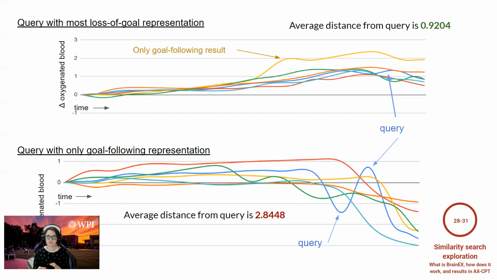That's why there was more significance for the loss of goal being similar to mind wandering than for goal following being similar to mind wandering. And you can see distinctly in this, that query in blue oscillating a lot versus everything around it isn't really oscillating at all.